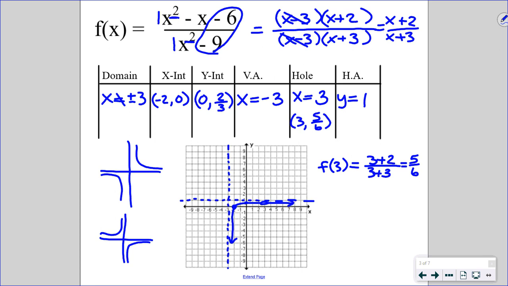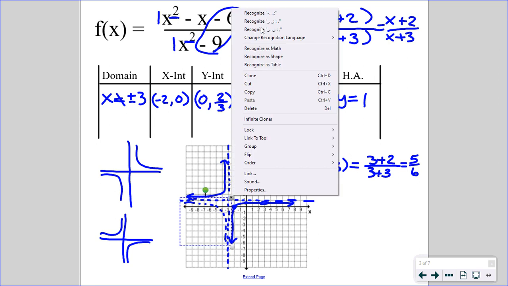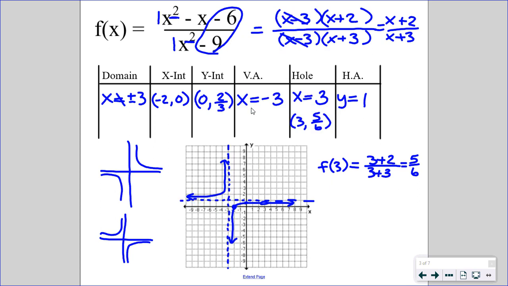Now, my guess, based on the parent functions, is that the other part of the graph is going to look like this. I actually do know that that's true because the only other option would be that it looks like this, but we don't have another x-intercept over there. So based on knowing what the parent function looks like, I pretty much know that the graph is going to look like this. So it basically looks very similar to the parent function, but there's a hole when x equals 3.